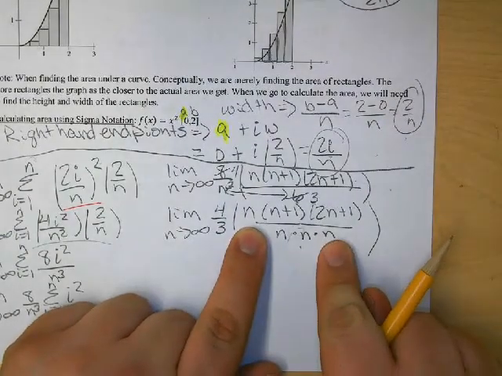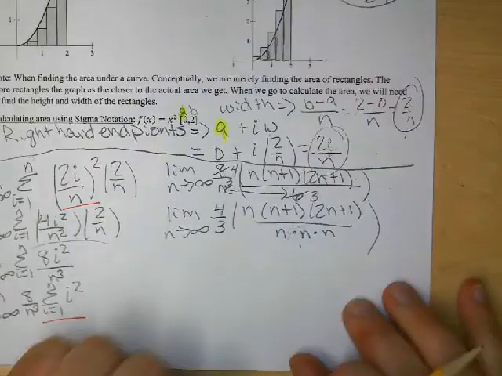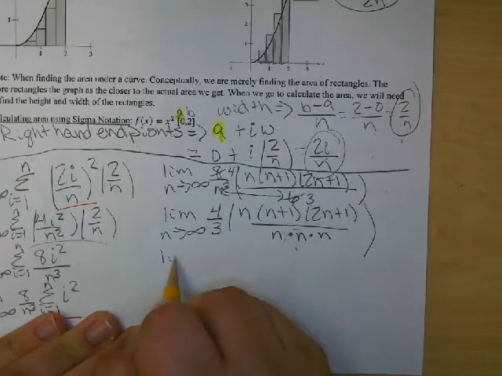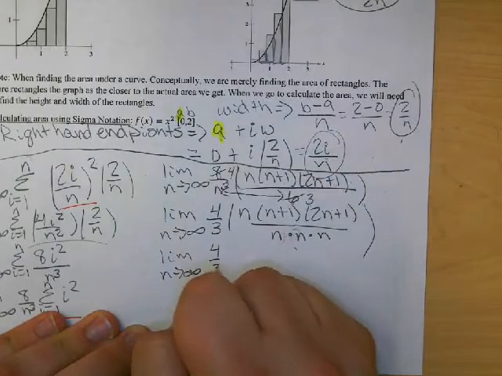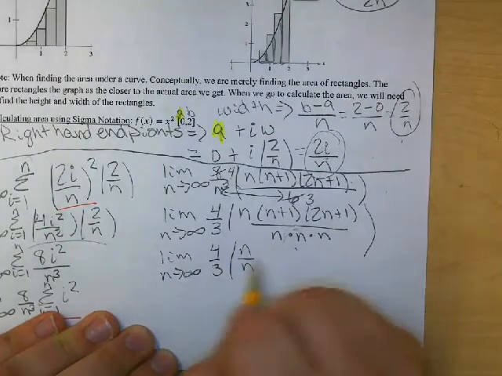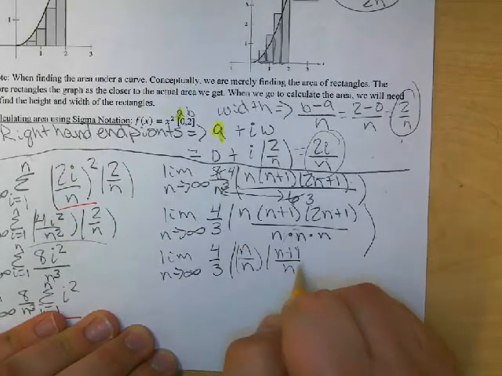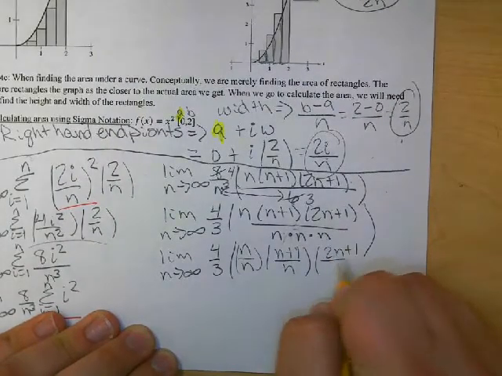It's the same thing. So what I can do now is the limit as n approaches infinity of 4 over 3 times n divided by n, times n plus 1 divided by n, times 2n plus 1 divided by n.